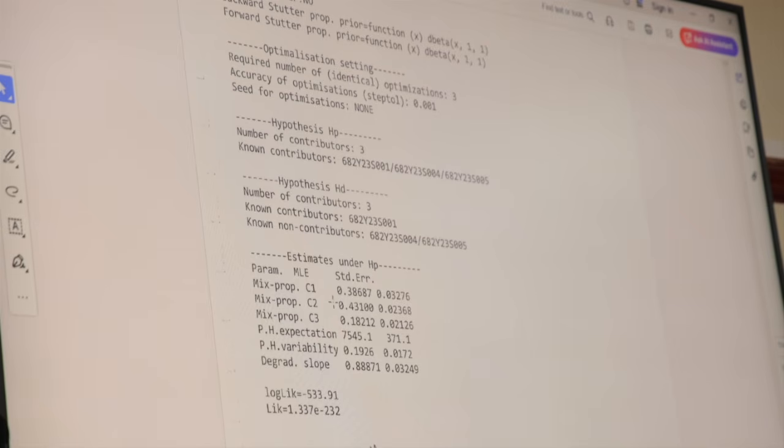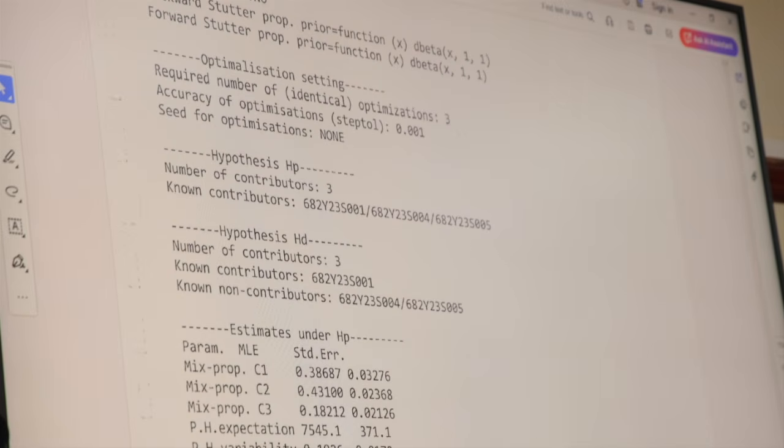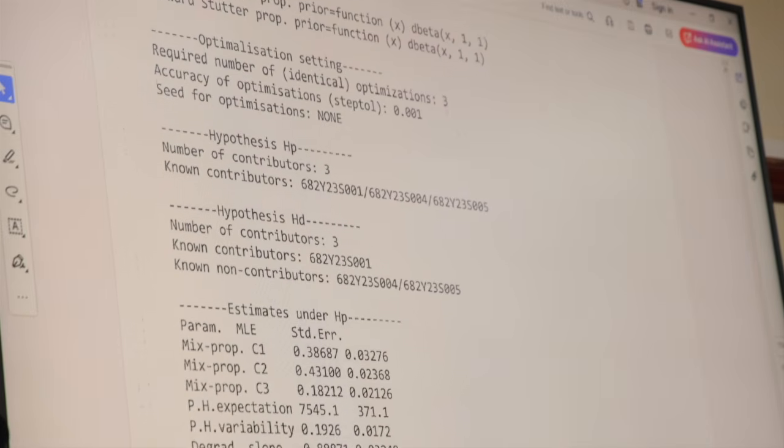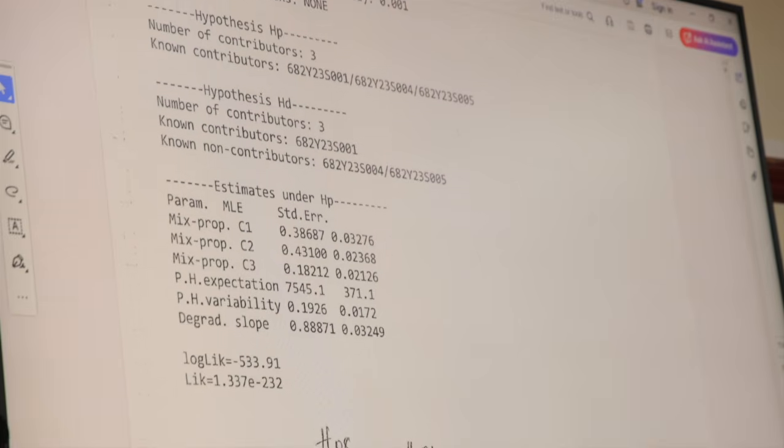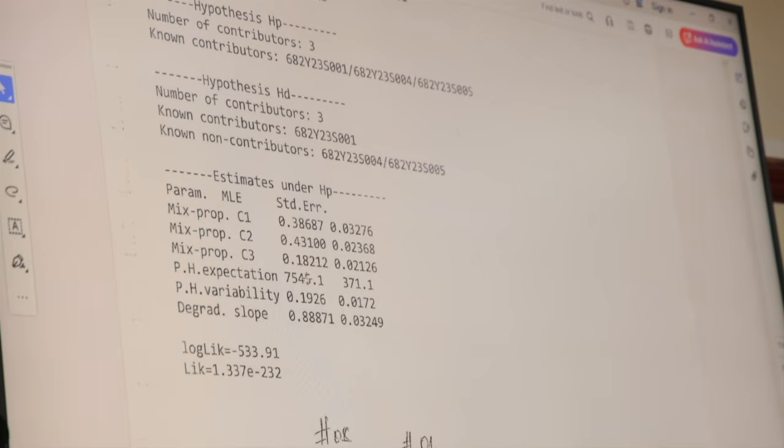Please, you will see also that C2, who is Molly, is at approximately 43%. Correct. And Patricia is at approximately 18%.